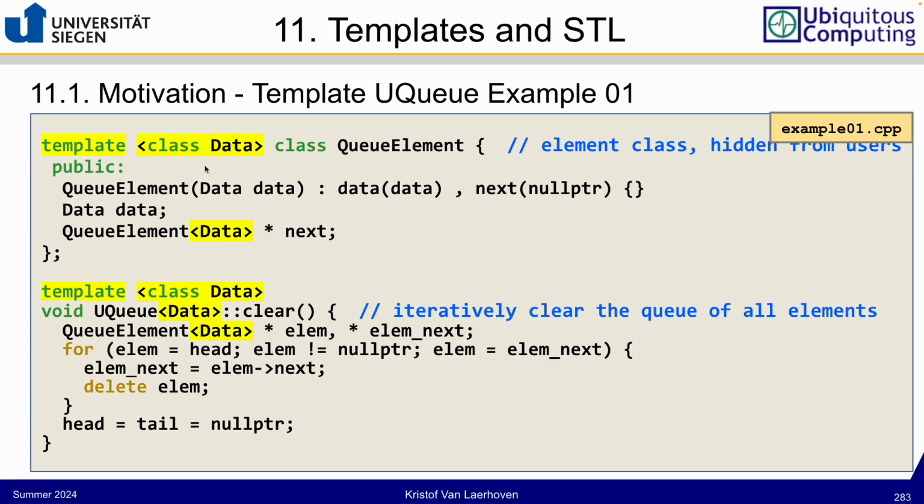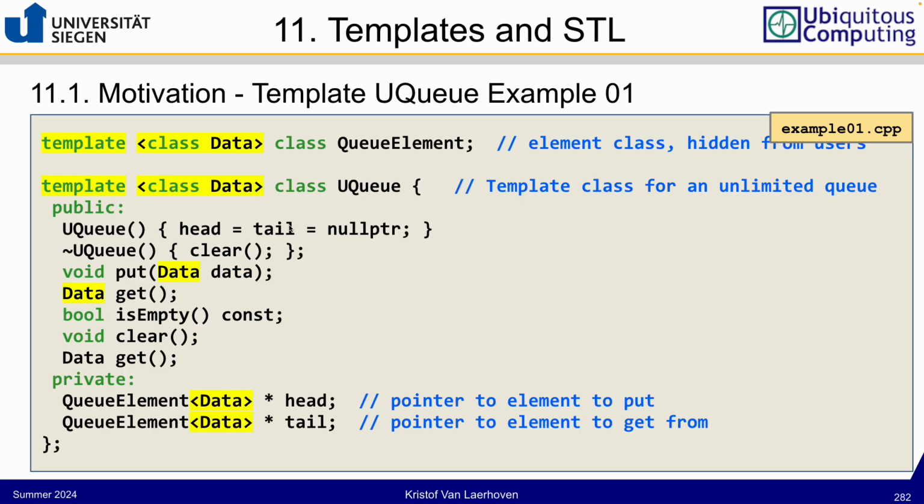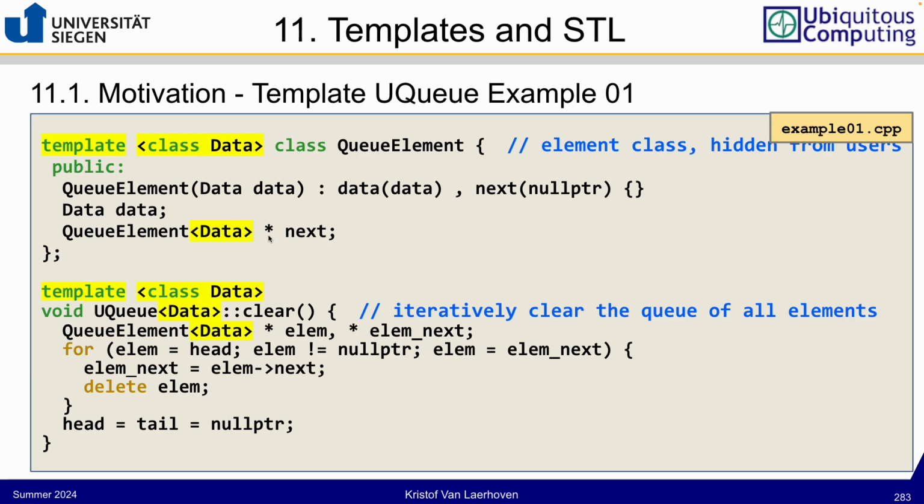So on the next slide for queue elements, we also use exactly the same template definition, but the name is sometimes completely different. We could have called this T as well, like for our templates. But since in our uqueue we use data, and we created head and tail as these very specific queue elements of a particular type, they will also be specified here.